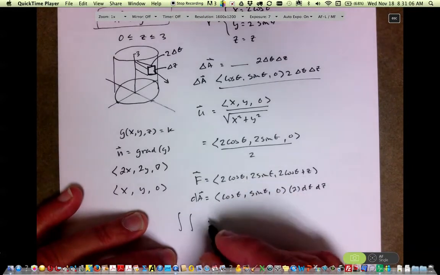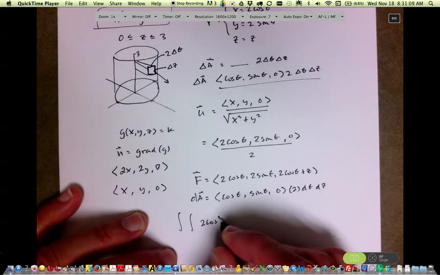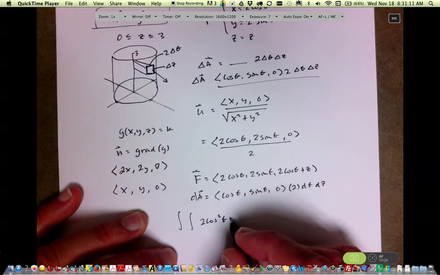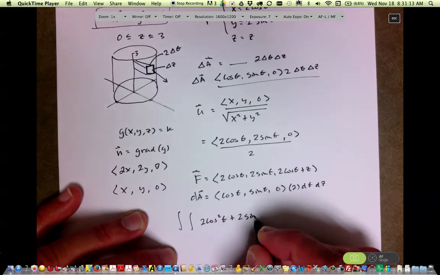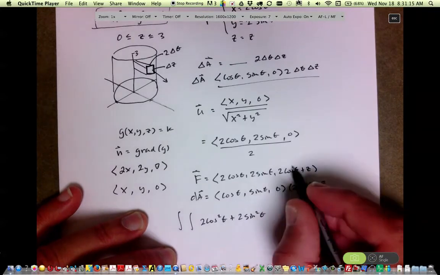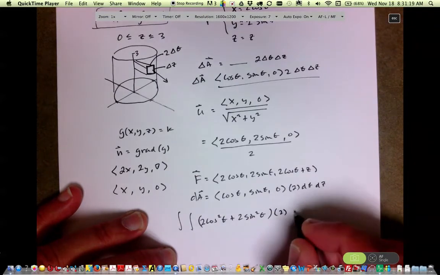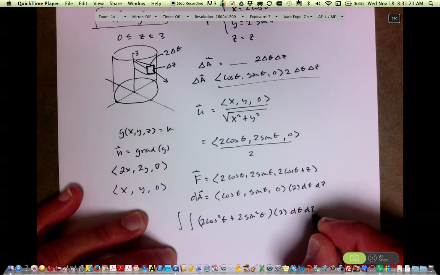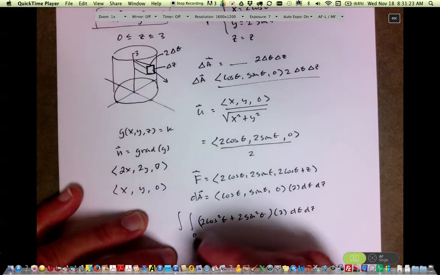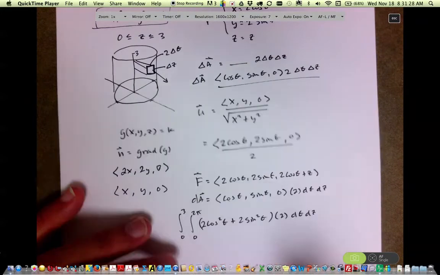This is going to give me 2 cosine squared theta plus 2 sine squared theta. This is going to give me 0, and then we've got all of that times 2 d theta dz. Theta is going to go from 0 to 2 pi, and z is going to go from 0 to 3.